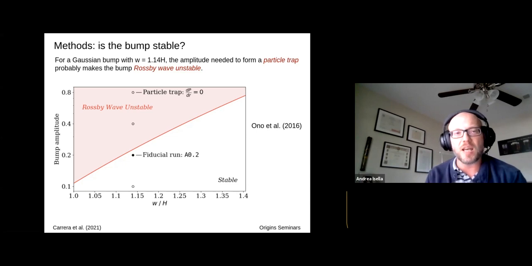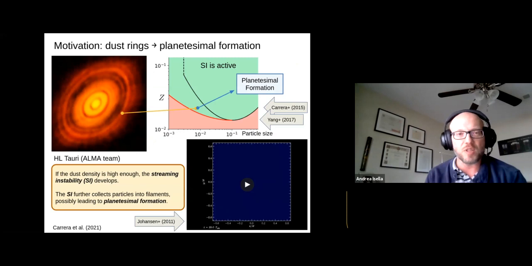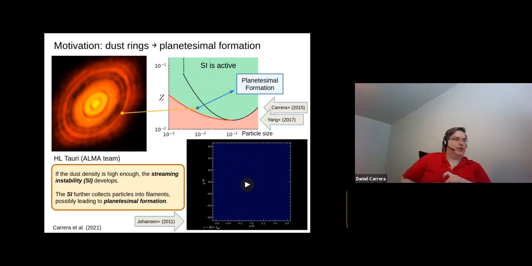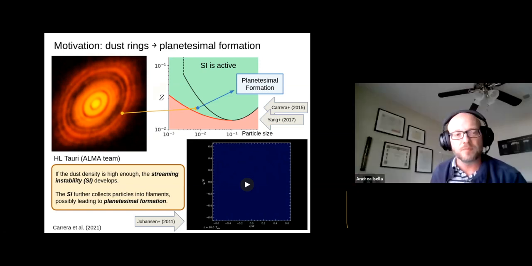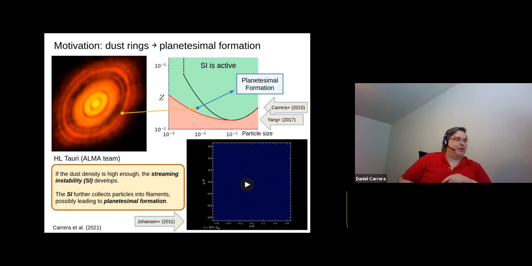So if you want to generalize, moving out of the specific case of HL Tau, where you assume a specific gas density, can you say, okay, if the Stokes number is above this, you see it, otherwise it's not, or a dust to gas ratio? Yes and no. So the best threshold that I have is this plot that comes from my paper with Chao-Ching Yang in 2017.